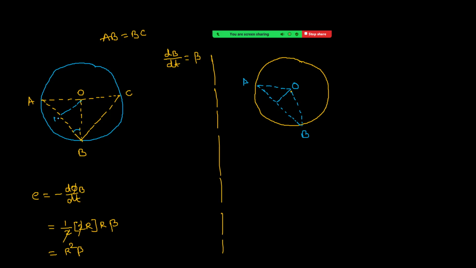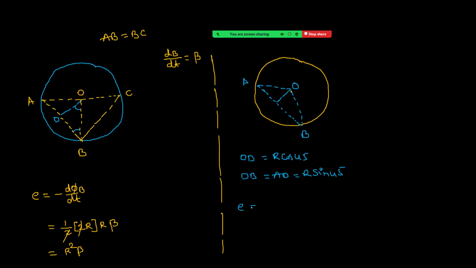Let me take this point as D. Then OD is R cos 45. DB, or AD, both are the same, R cos 45 or R sin 45. That means now we have the length of AB, and I can find the area of triangle AOB.